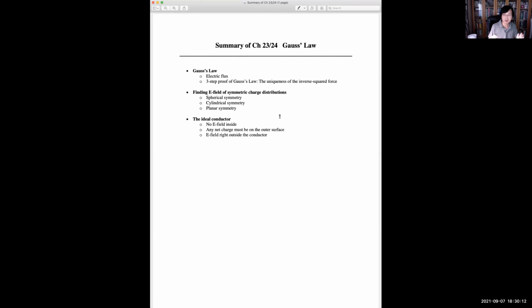That is, the field lines are radially outward or inward. That's one thing. And also, if you draw a sphere centered at the center of that charge distribution, then anywhere on the surface of that sphere, the electric field must have the same magnitude. Okay, that's spherical symmetry. Because of that, why don't we choose a Gaussian surface which is a sphere, which reflects the symmetry? You can choose any Gaussian surface you want, might as well choose a sphere.